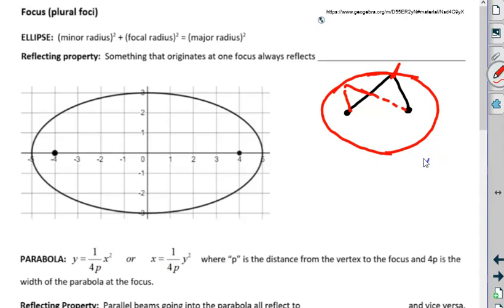If I were to stretch that string out, it turns out that the black string is exactly the width of the ellipse. So here's the string.